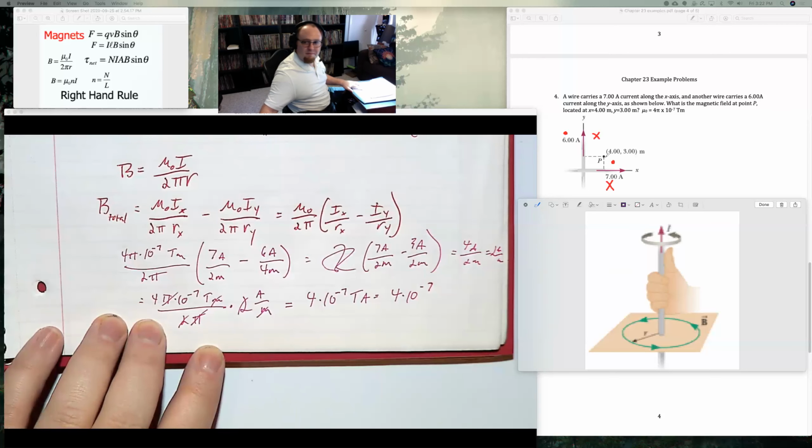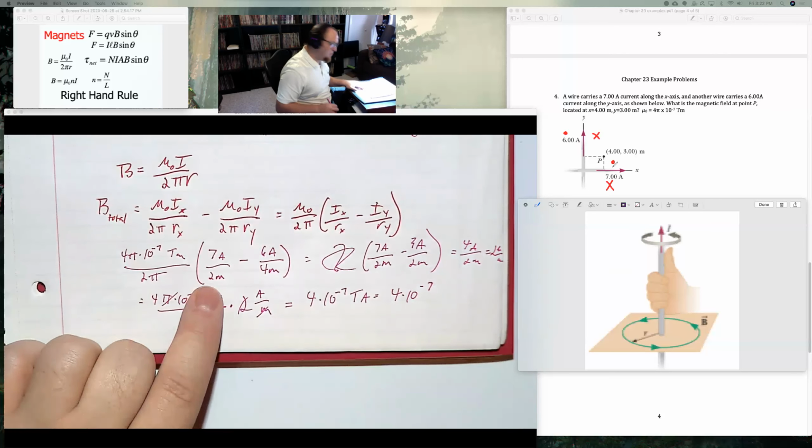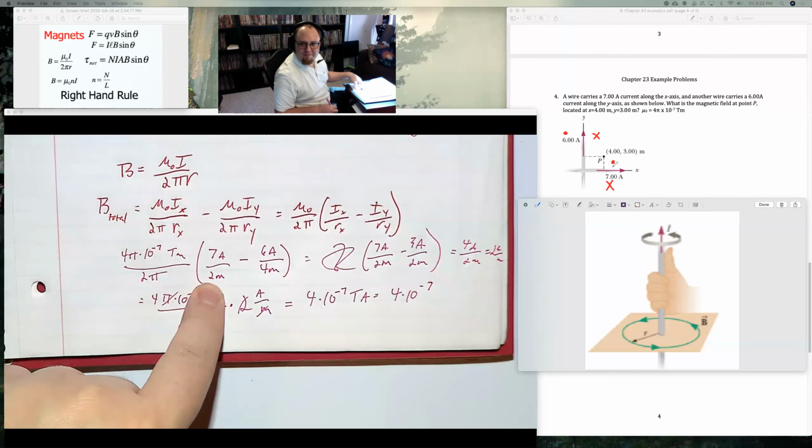I made a big mistake. Somehow this was a 3. The distance between, that's a 3. I'm sorry, I don't know how that 3 magically became a 2.